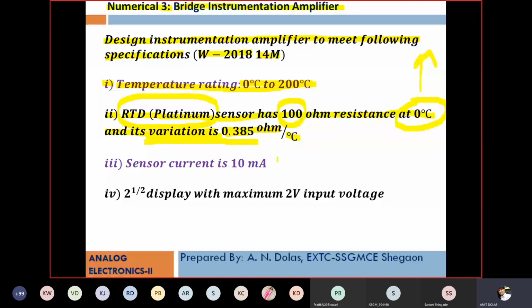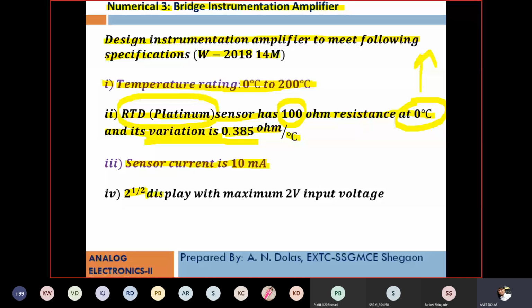Then the sensor current, which we do not have to use in the design, is 10 milliampere, and whatever is the change in temperature read by the RTD is to be displayed on a 2.5 display. Of course, it is an LCD or LED 7-segment display with maximum input 2 volt.